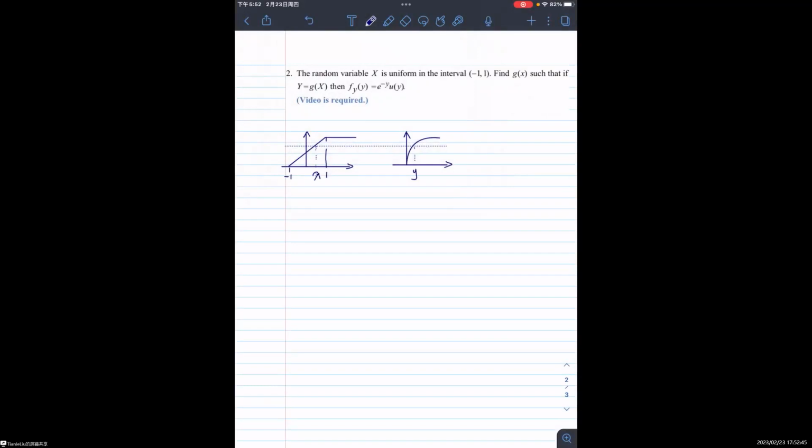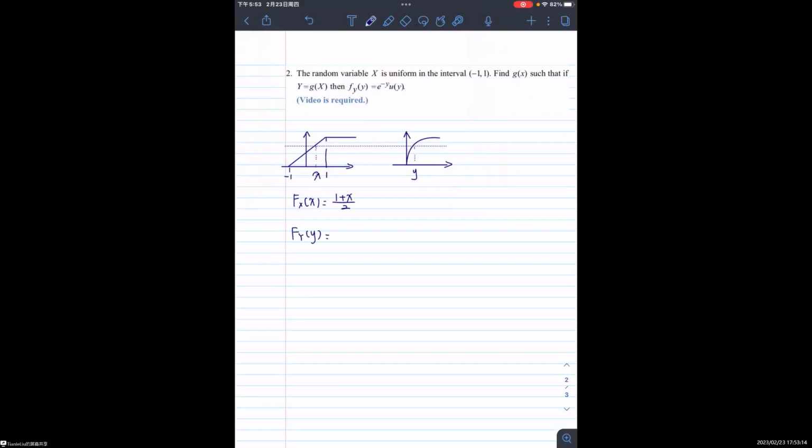In this case, for the function of x, we should have this one. And for the function of y, in the question there's a description and the formula of this.